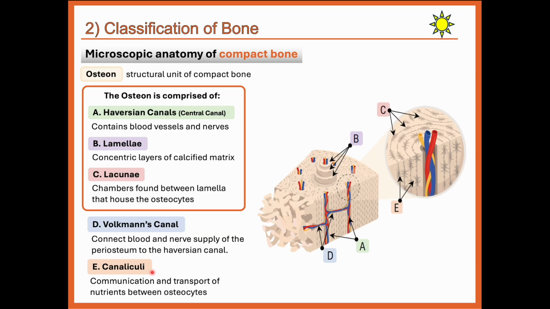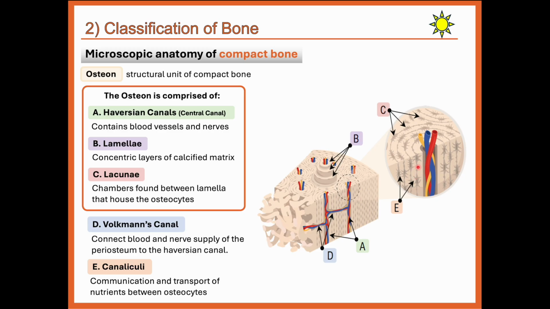Canaliculi are different. Do you see over here this one little bone cell, right? And then here you have this other little bone cell, this other osteocyte? They talk to each other via, do you see this little blip between the two?